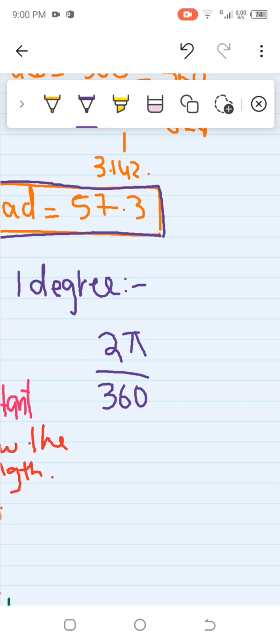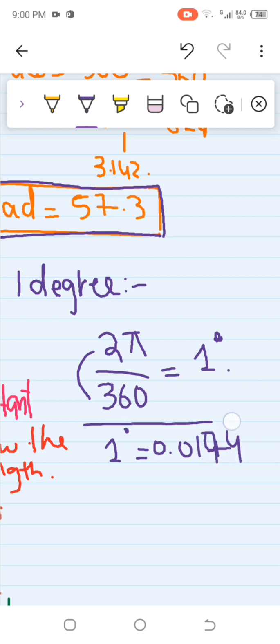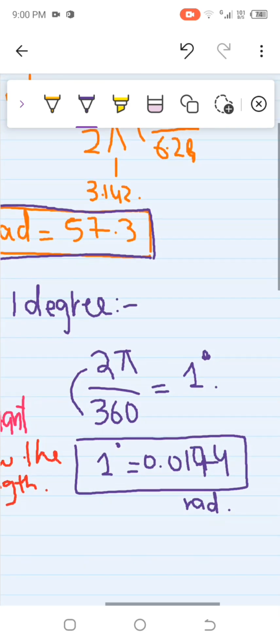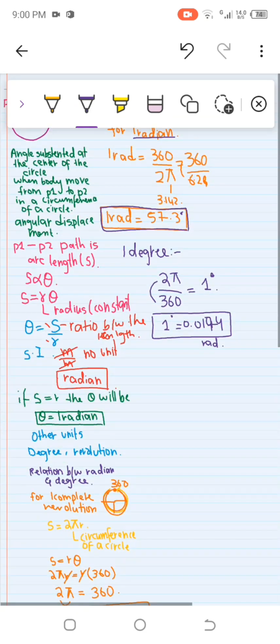So 1 degree is equal to, when we solve this, 0.0174 radian, and 1 radian is equal to 57.3 degrees. Okay, I hope till here it is clear to you guys.